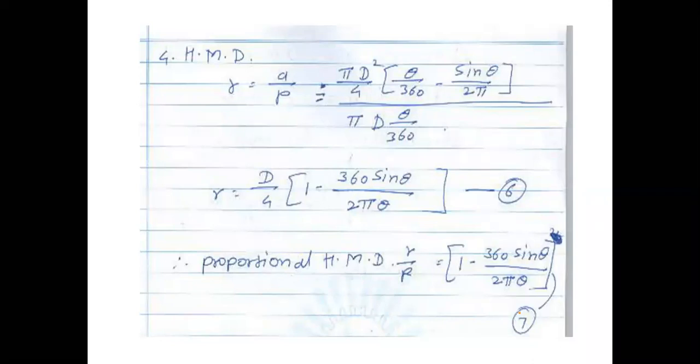So d by 4 gets cancelled, and the final equation for the proportional hydraulic mean depth is 1 minus 360 sine theta upon 2 pi theta.